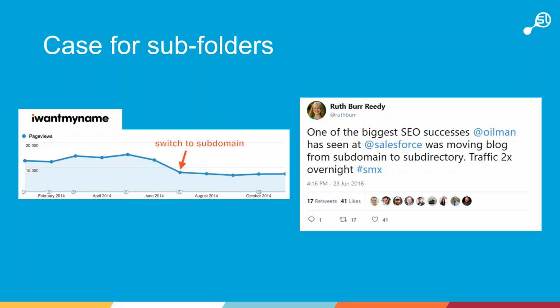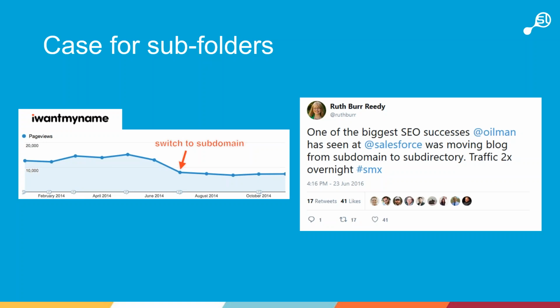In one of the case studies for Salesforce, Ruth mentioned that they doubled their traffic overnight when they moved from subdomain to subdirectory. This is really about how Google recognizes link equity and the relevance of those pages and groups them together. It really applies within the international strategy as well. So definitely subfolders are the best choice to start with.